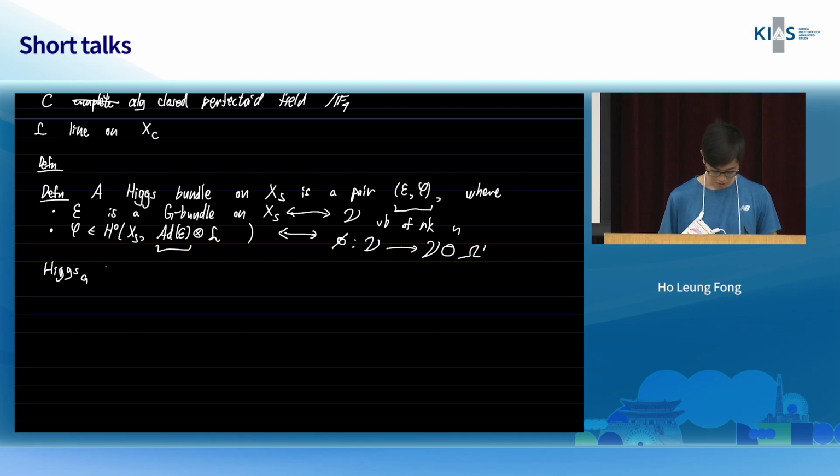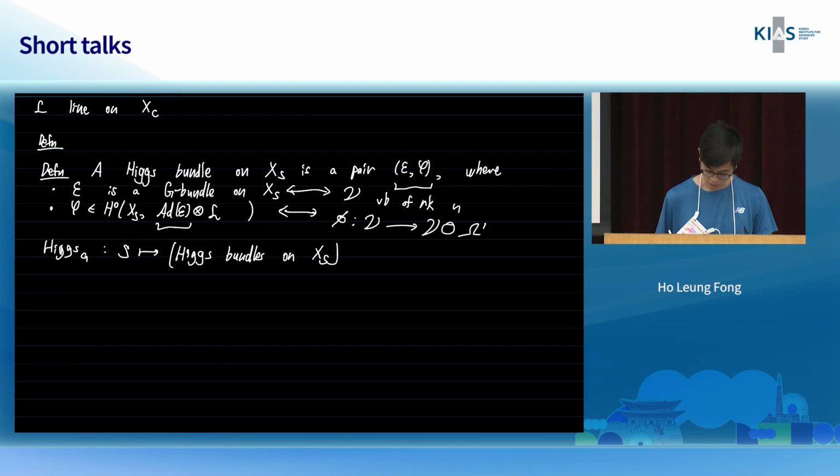And now let Higgs_G be the v-stack that sends S to Higgs bundles on X_S. Then you can show that it's actually an Artin v-stack.